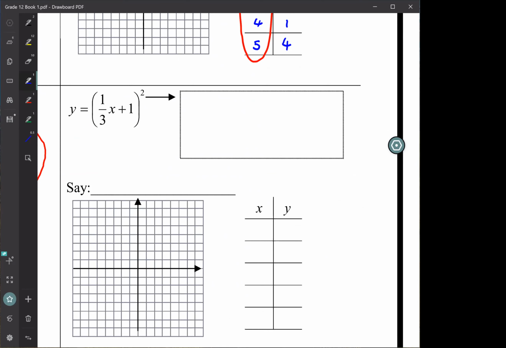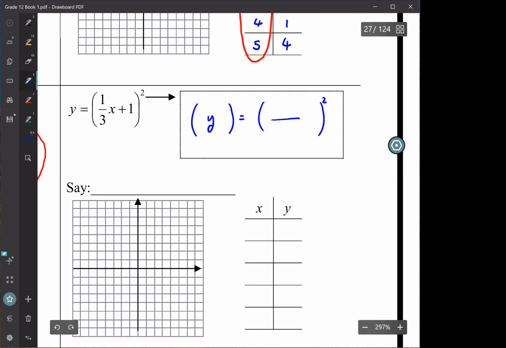So the y part doesn't do anything, right? Y just stays there. So how can I write it so it becomes like a story form? Any suggestion from anyone? What can we do?